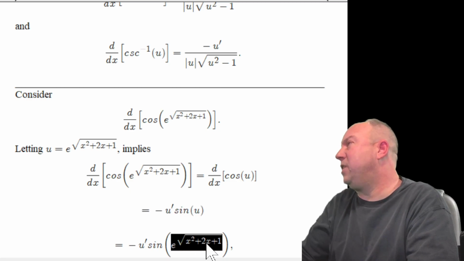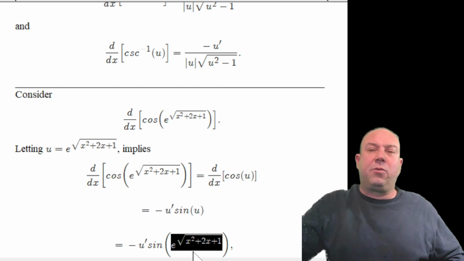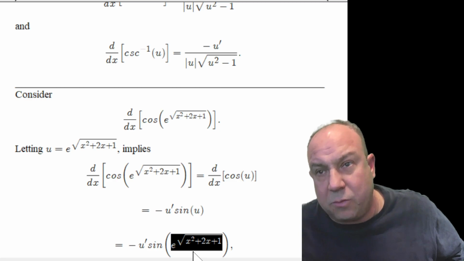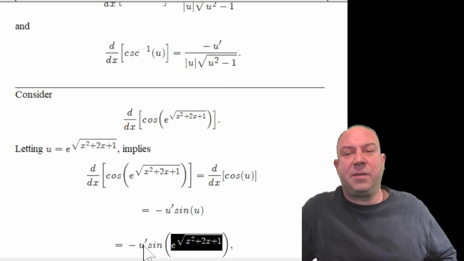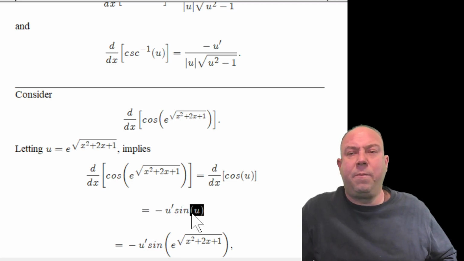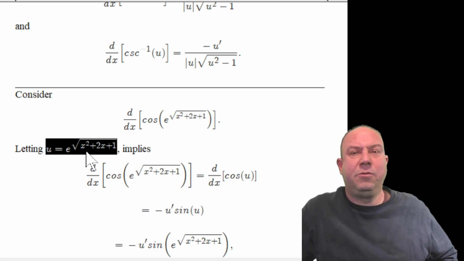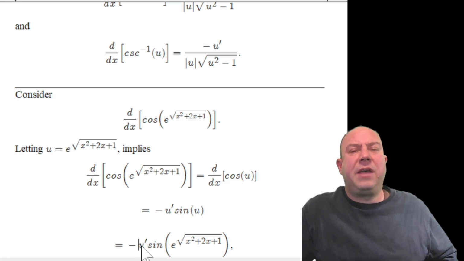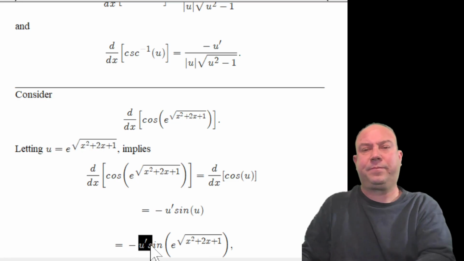And because u is equal to e to the square root of x squared plus 2x plus 1, we can substitute that back in to the sine function here for u. Right? U is equal to that. And we're left with finding u prime.